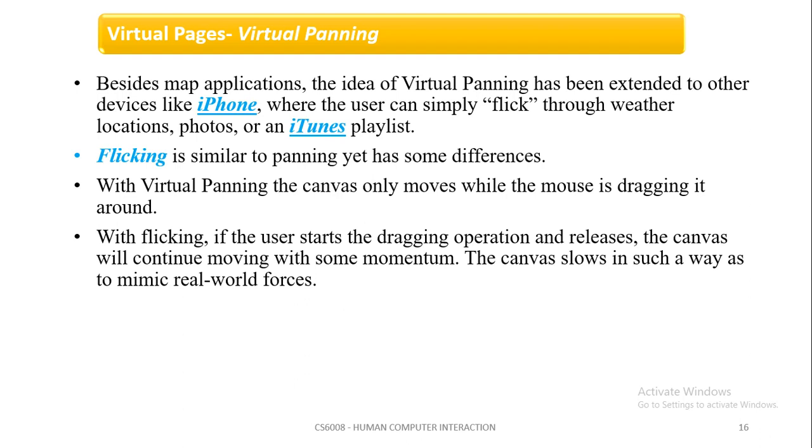Like in a real-world situation, if a train applies the brake at the stop station, it will go a little forward and then stop. Similarly, in flicking operations on the iPhone, the canvas slows down and then stops. So that is the only difference between flicking and panning.